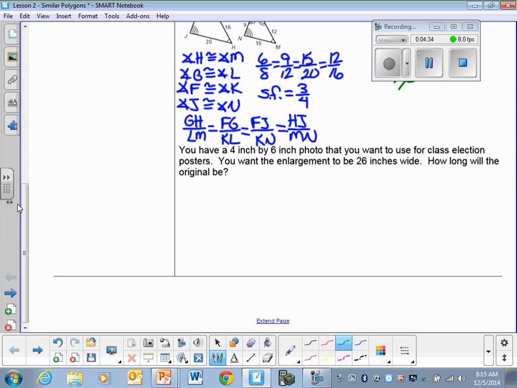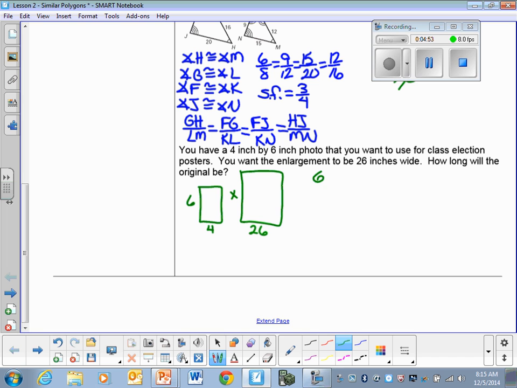Alrighty, we have a 4 by 6 inch photo that we want to use for election posters, and we want our enlargement to be 26 inches wide. How long will the original be?